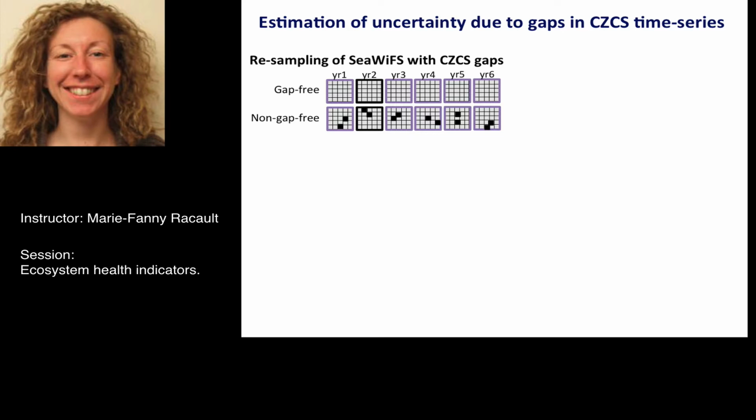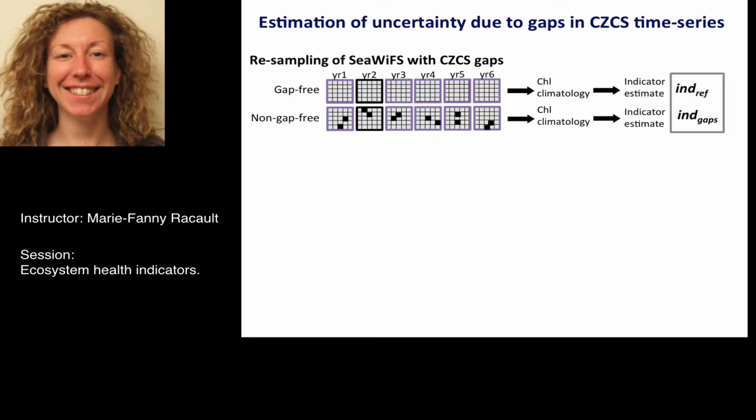Having gaps in the time series can lead to errors in your estimation of the ocean color indicators. So for phenology, definitely, you might miss a timing, but also chlorophyll and other variables.